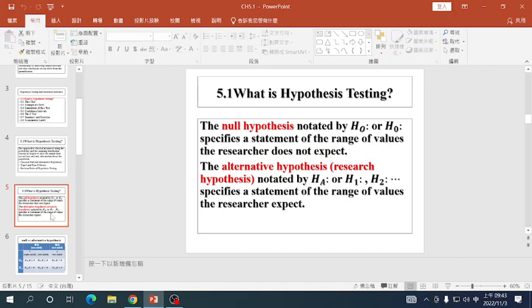If we put 0 here, it means we didn't really emphasize the magnitude, just direction, either positive or negative. So parameters always show the characteristic of the population.